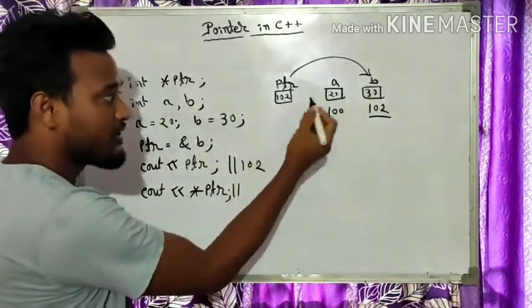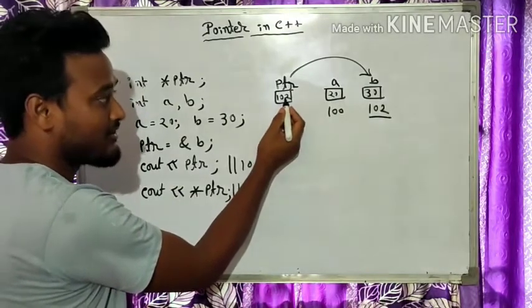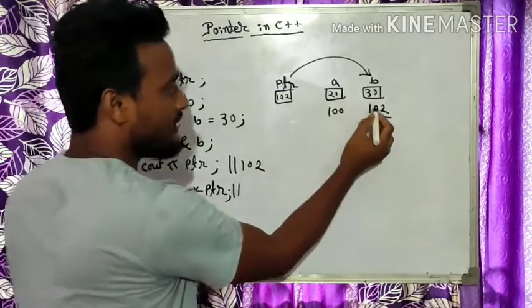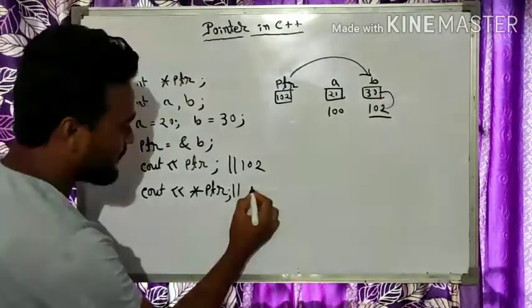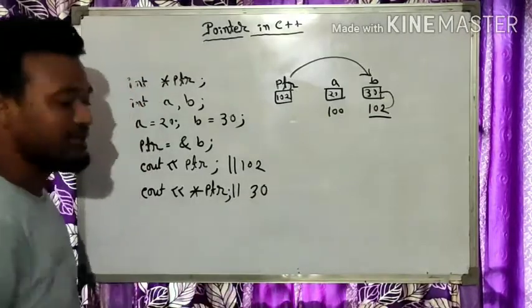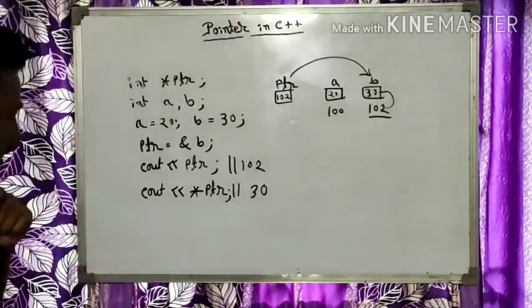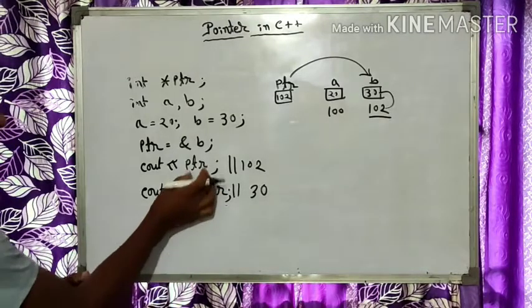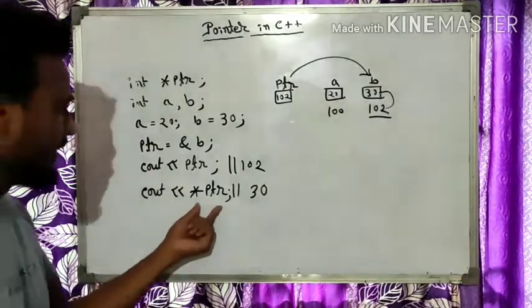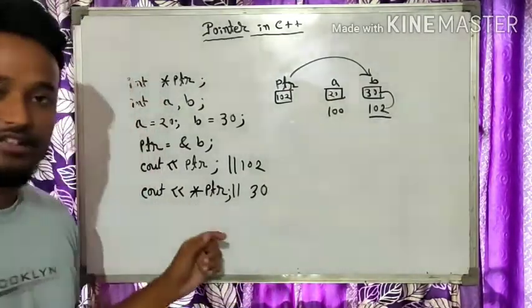You can see 102 is the address, so this pointer will go to this address, and inside this address the value is 30. So here you will get the value 30. This is how we can display the memory address, and this is how we can display the actual value through that pointer variable. I think this is clear to you all.